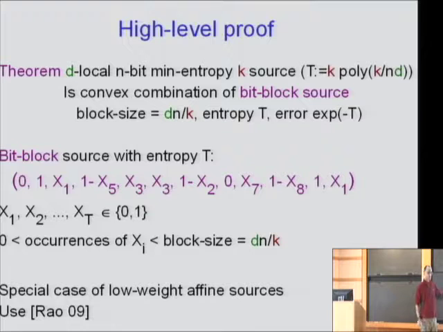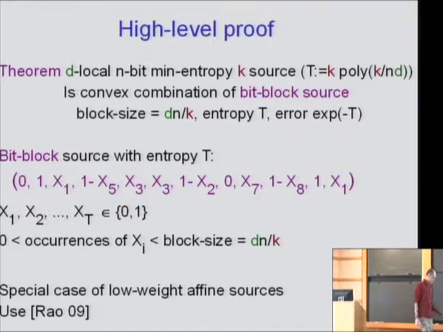So a bit block source is just like a bit fixing source. Some bits are fixed and others are variables, but the only difference is that these variables can be repeated. How many times can I repeat them? At most the block size parameter, which here is d over k. So each bit is either constant or it's a variable, or maybe it's a variable complemented, and I can repeat bits a few times.